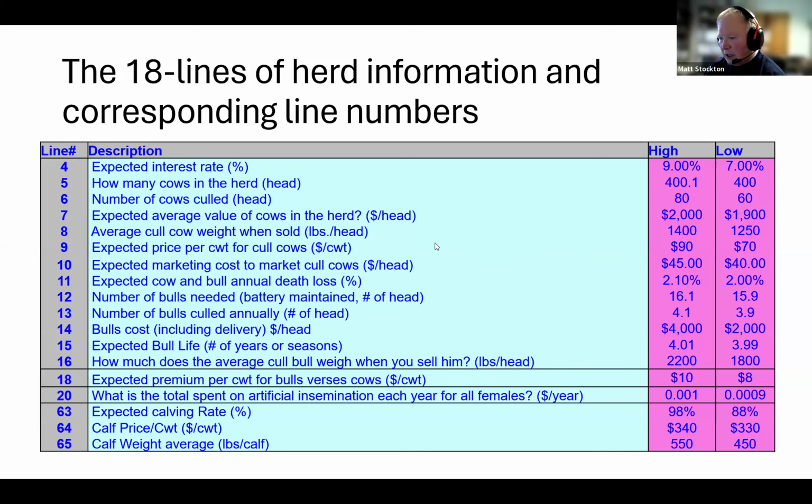If you know your cull values on your cows, that's going to give you an idea of what they're worth when you cull, which is further down. There you actually say I'm going to get between 70 and 90 cents, or $90 per hundredweight, and that estimates the calf value. In fact, it even estimates the bull calf value down here later in the sheet.